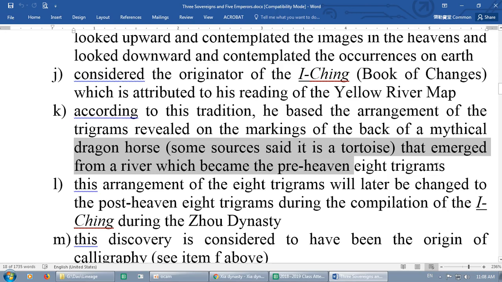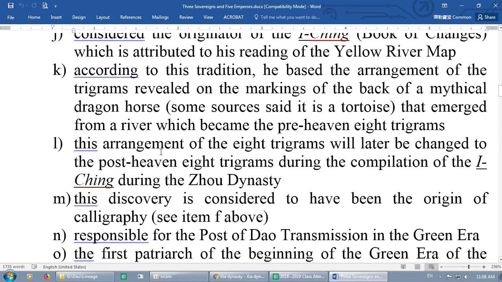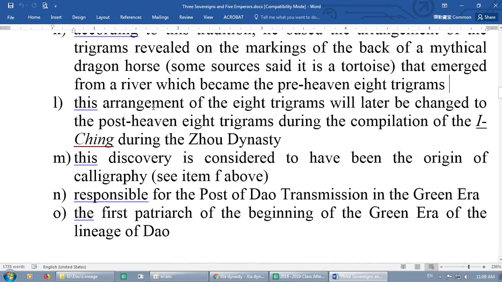So that became the genesis, the foundation of the notion of the I Ching, the Ba Gua. So that's the 8 trigrams. And the one he uses is called the pre-heaven or Xian Tian Ba Gua. This is a separate topic called I Ching, we don't have to talk about it, but this arrangement of the Xian Tian Ba Gua, or the pre-heaven 8 trigrams, would later be changed to the post-heaven by Duke Zhou, when he was editing or putting together the I Ching.